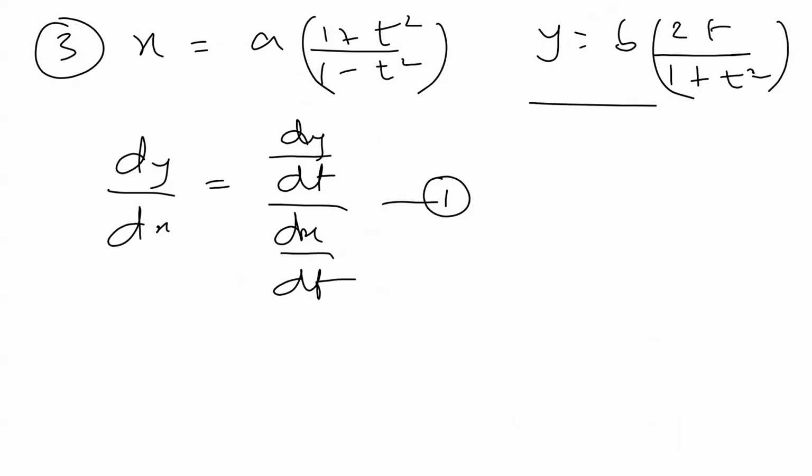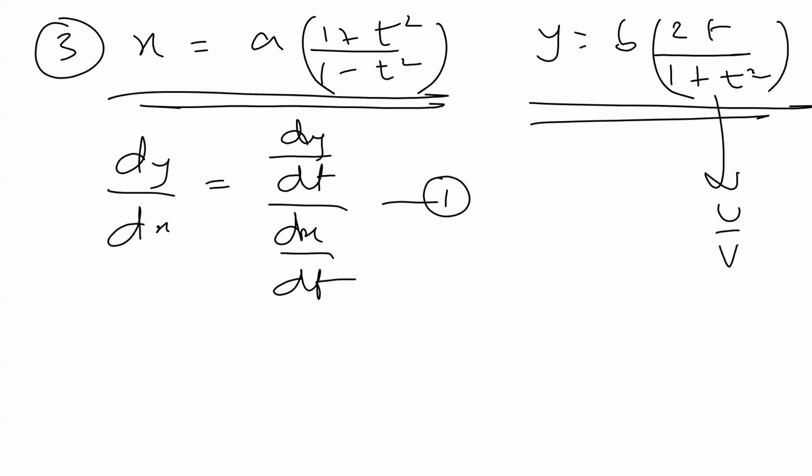When you differentiate y with respect to t, b goes outside and here you do the u upon v rule. When you differentiate x with respect to t, a goes outside and for this bracket do the u upon v rule. And once you get the answers, you can put back in equation number 1.